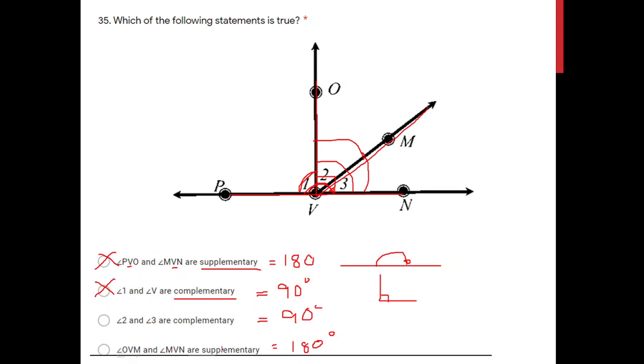But take a look here. Supplementary. Do angle 2 and angle 3 form a line? No. Basically forms the letter L. So therefore, this one is false and this one is true. Angle 2 and angle 3 are complementary angles, meaning they equate to 90 degrees.